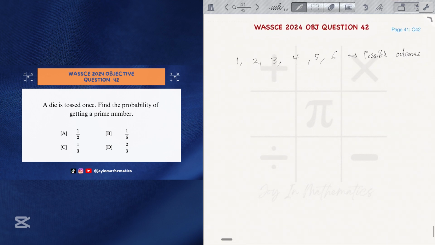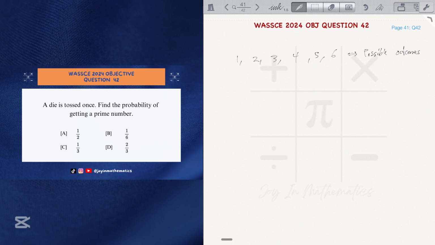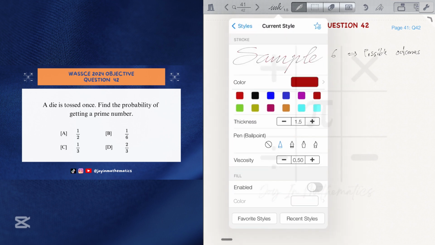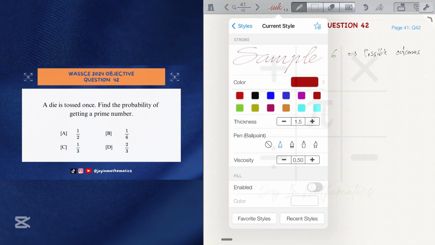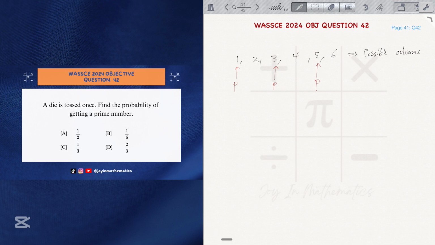Now, out of those possible outcomes, we are asked to find the probability of getting a prime number. If we look at 1, 2, 3, 4, 5, and 6, the prime numbers are 2, 3, and 5. So we know that the total number of possible outcomes is 6.